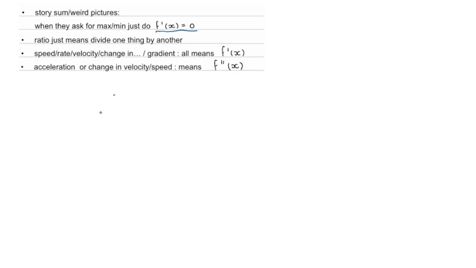So if it says how hot was this or that before the rocket had been launched, then that's just your y-intercept. That's just in the beginning, what was the y value. If it says how often does the insect crawl to the ground, that's just your x-intercepts.